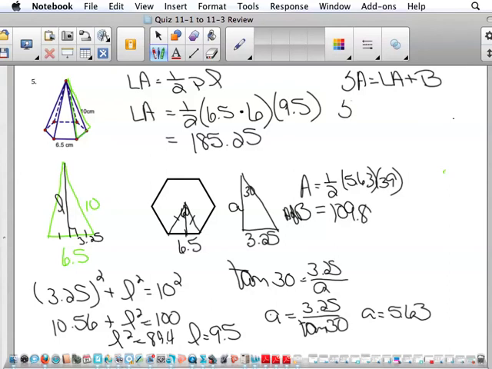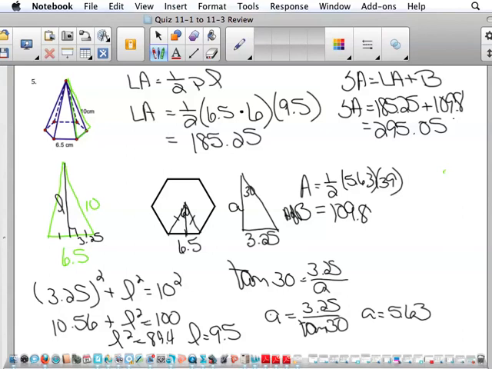So now my surface area is 185.25 plus 1 base, 109.8. Surface area is 295.05.